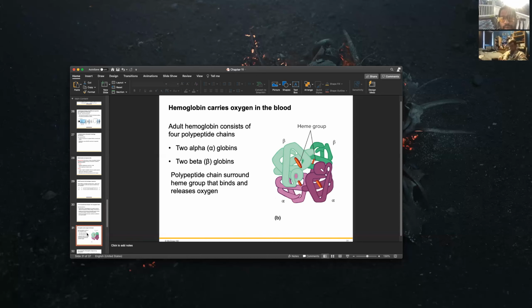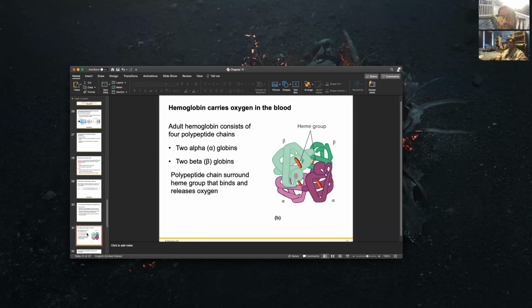So remember how proteins have primary structure, secondary, tertiary, and quaternary. Some proteins don't have a quaternary structure. Quaternary structure is the interaction of subunits.